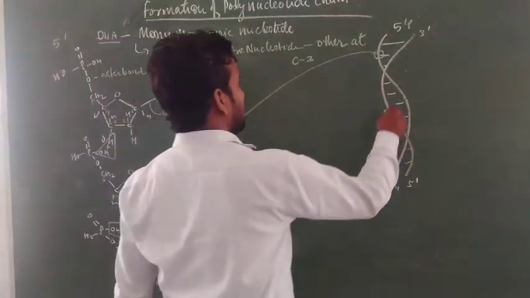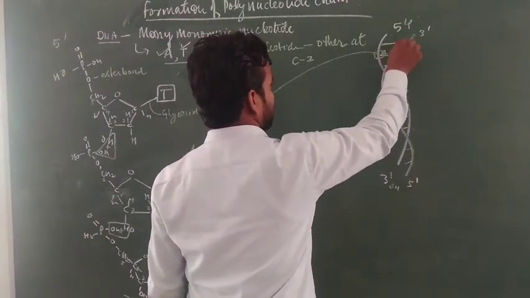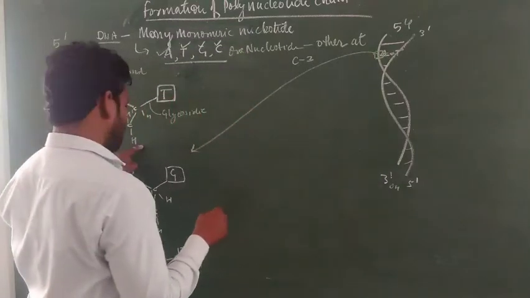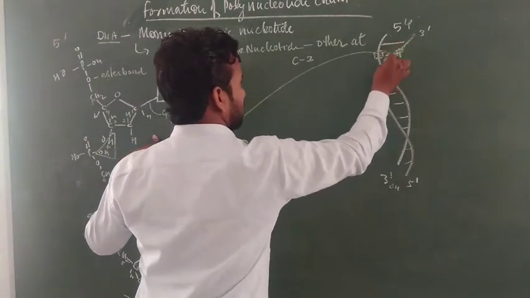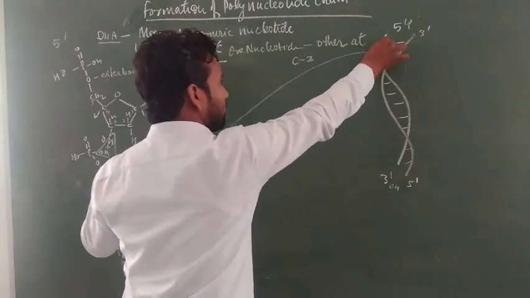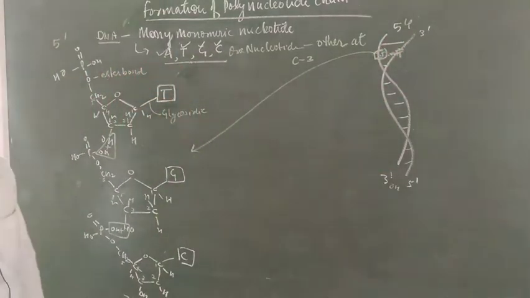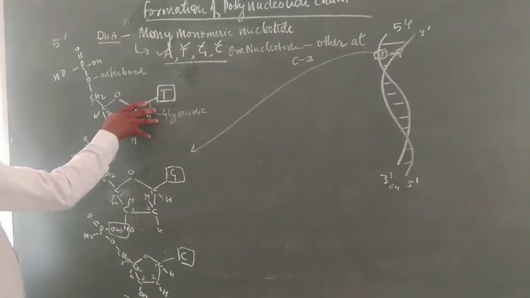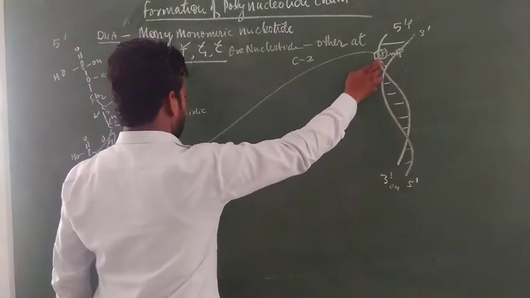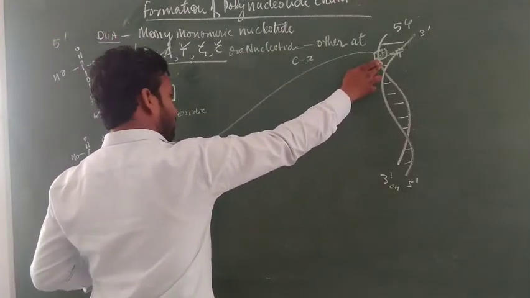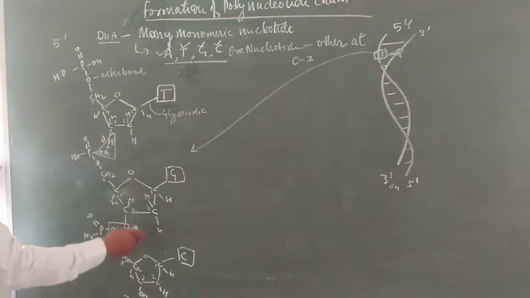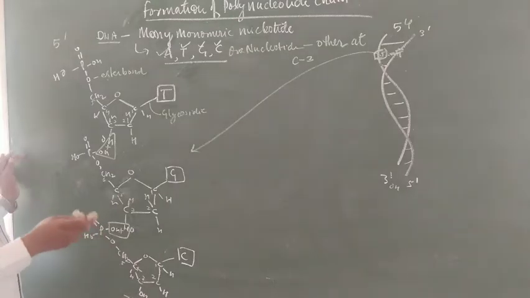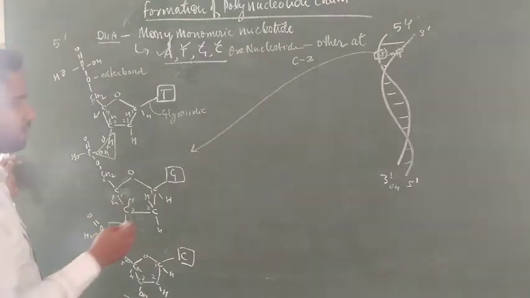Generally the structure is this. Suppose here A pairs with T, and T pairs with A. This is a nucleotide of a single strand. If below this guanine is present, and below this cytosine is present, then one by one each and every nucleotide is joined repeatedly and they form a polynucleotide chain.